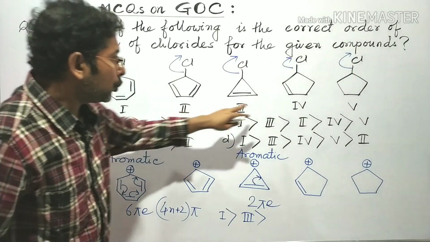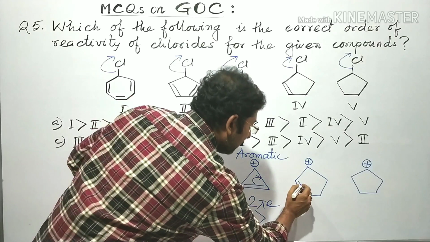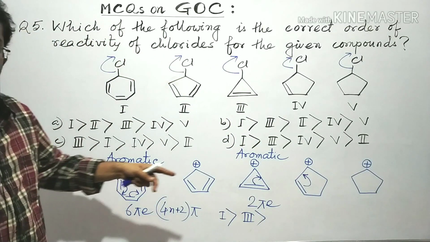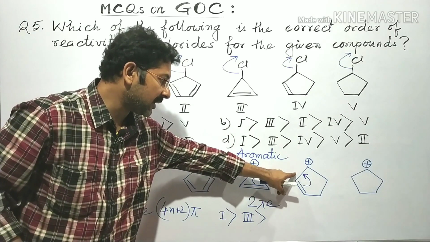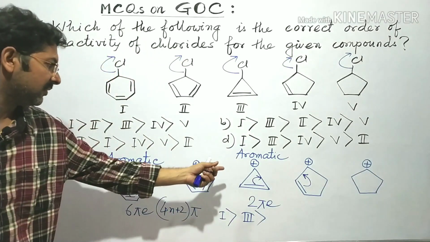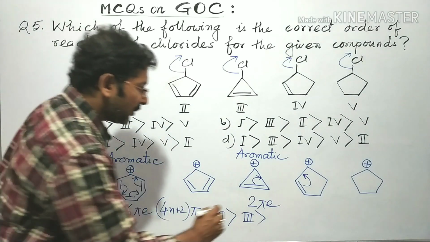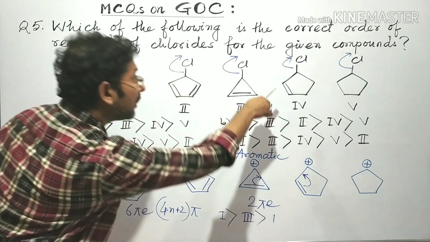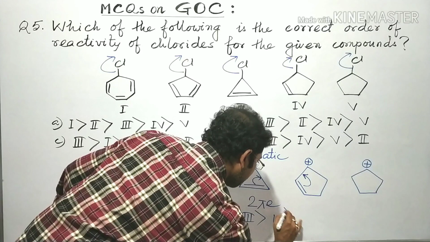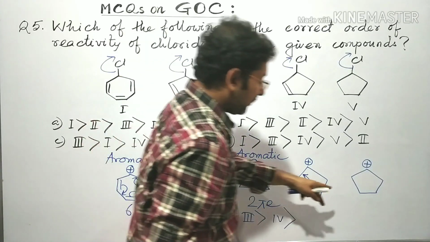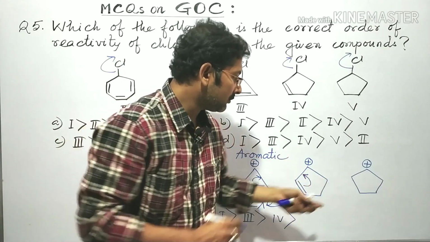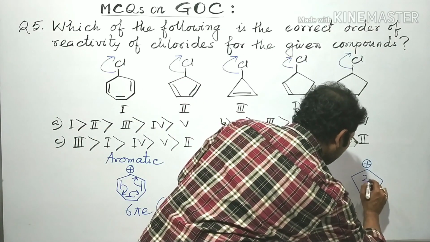Now between 2, 4 and 5, this is an allylic system. There is also resonance, but its stability is much less than that of the aromatic system. So next comes compound number 4. This is a standard compound, a 2 degree carbocation.